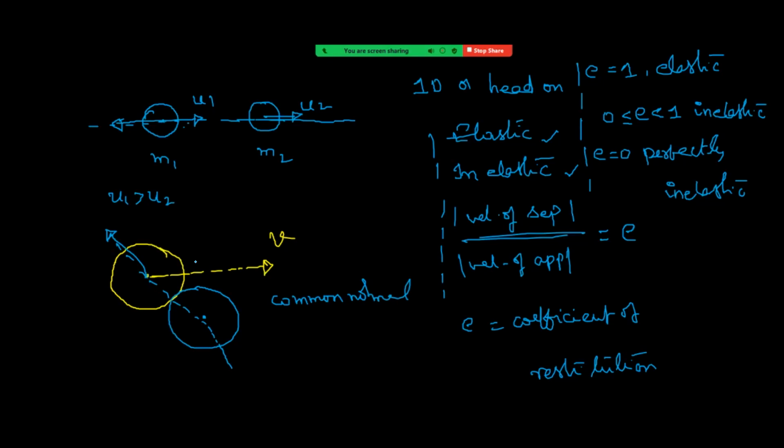And if you imagine a line which is normal to that, that is known as the common tangential. So the line along which impulsive forces are acting is the common normal, and normal to that is the common tangential.